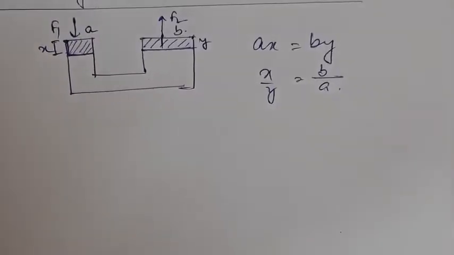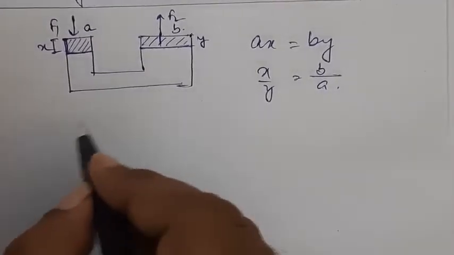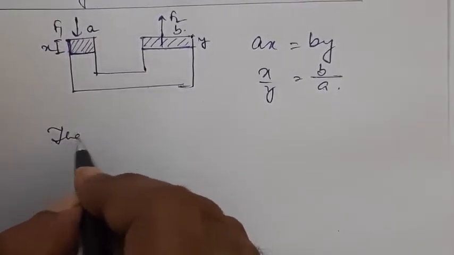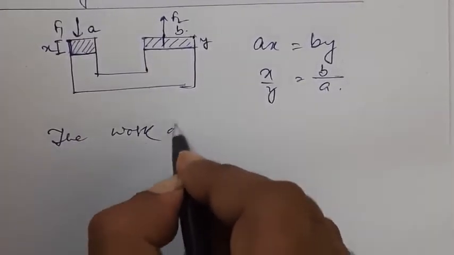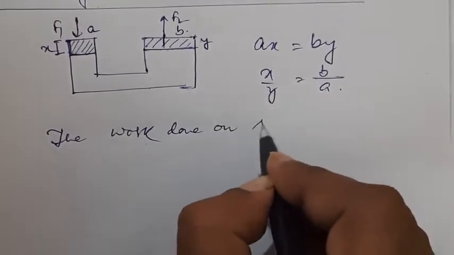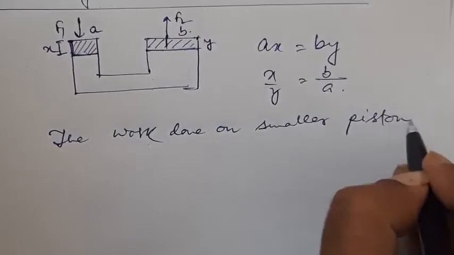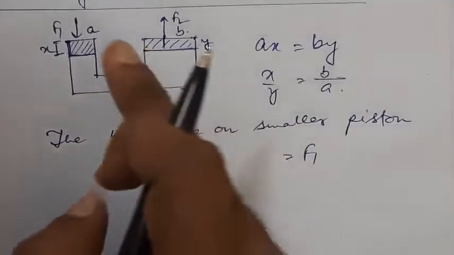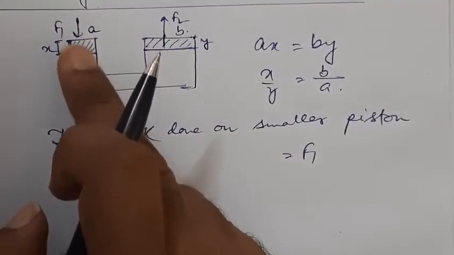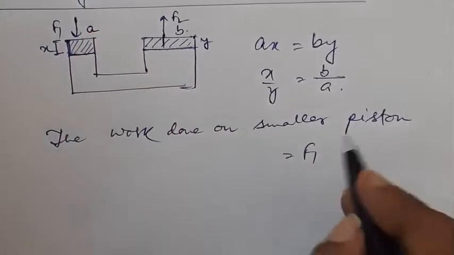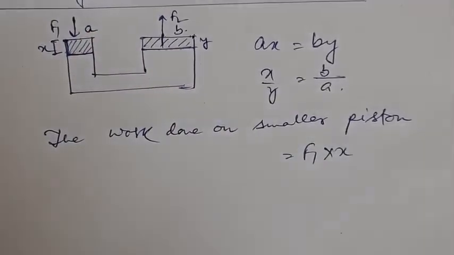Now the work done on the smaller piston. Work means force into displacement, so it is F1 into x.